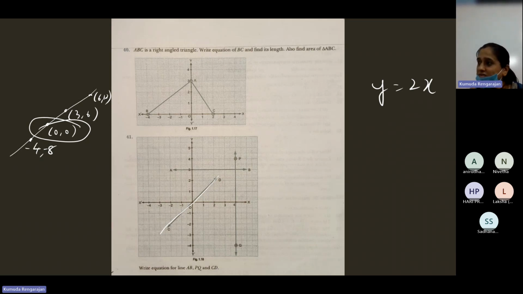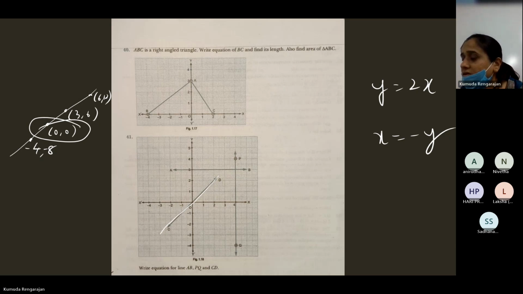Then in that case, it will be x is equal to minus y. The numerical value is the same, but they have opposite signs. So then you should say x is equal to minus y or y is equal to minus x, whatever the case is.